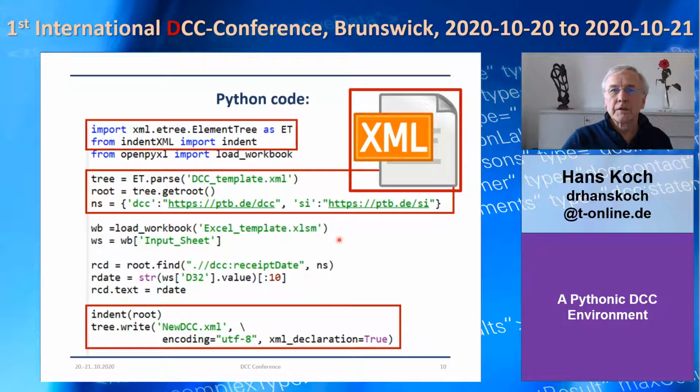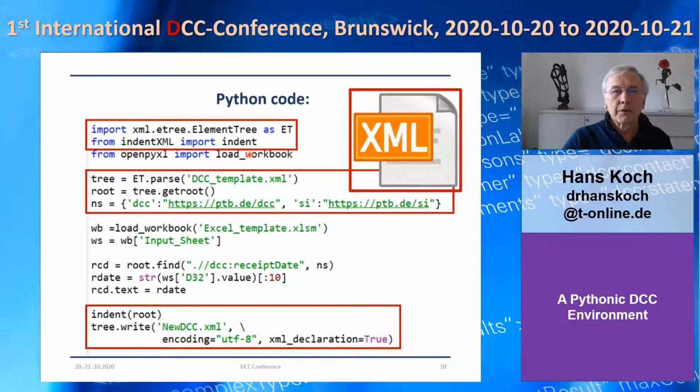So how is this done here? I have a Python code that makes just that. At first, I highlighted only those lines of code that have to do with the XMLs. I import a module from Python called etree and a small helper function indent.